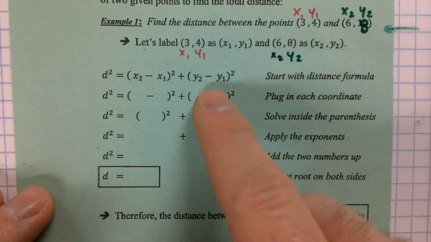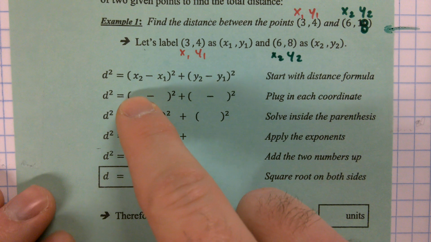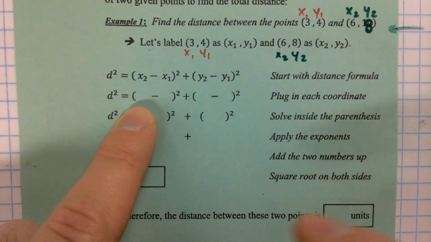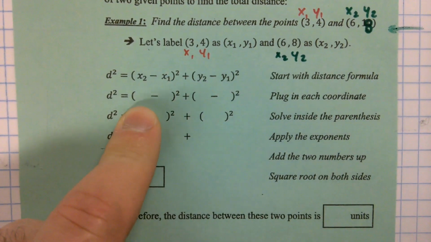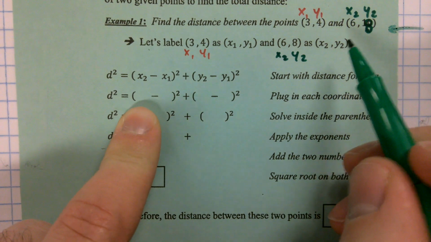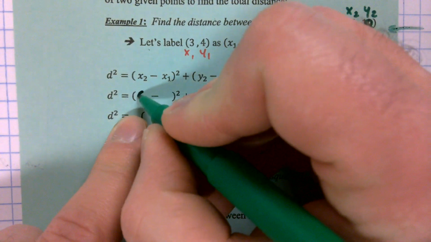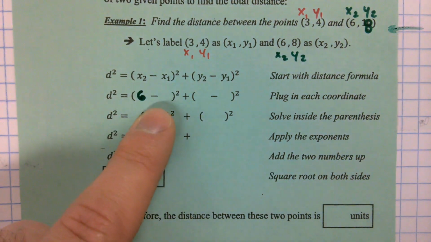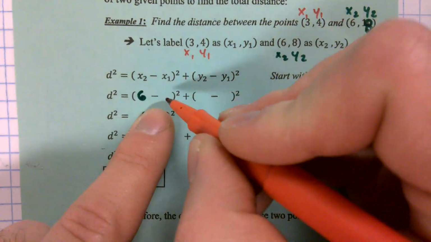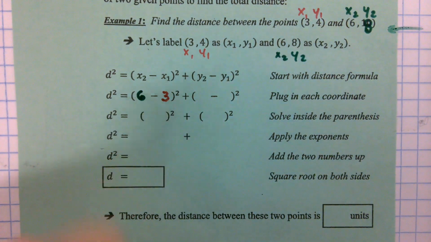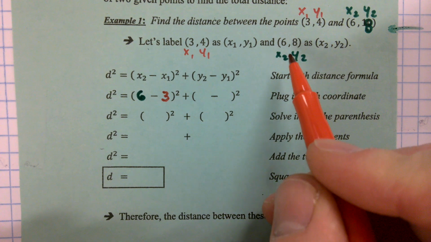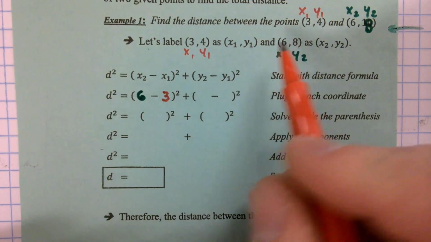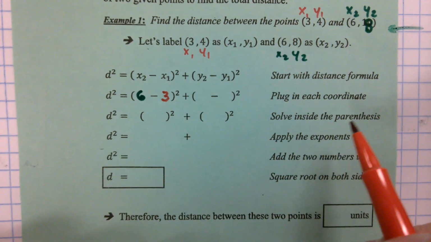The hardest part is just plugging all these numbers in correctly. My first one is x2. What number am I going to plug in for x2? 6. What am I going to plug in for x1? 3. Okay, that's just how we labeled them. x2 is 6. x1 is 3.